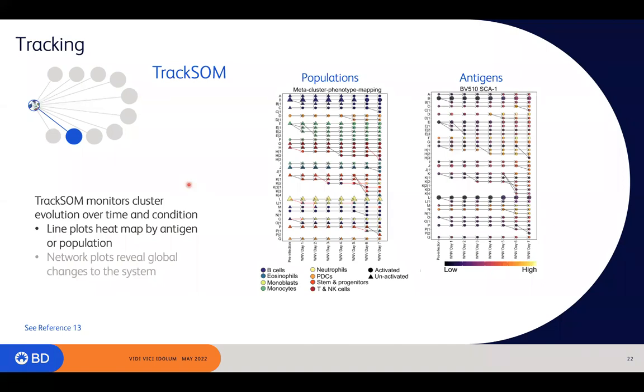If you've ever done work with the algorithm called Monocle, it's similar in that sense: you can watch how the cells move and begin to express antigen as they move from time point 1 to time point 2, or over disease state, or whatever the categories happen to be in your experimental setup. But this is what some of the plots or the outputs look like.